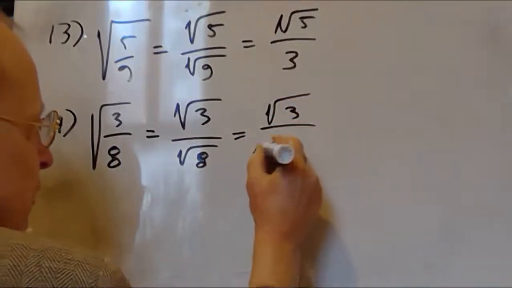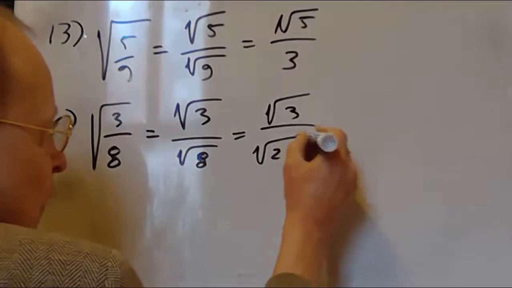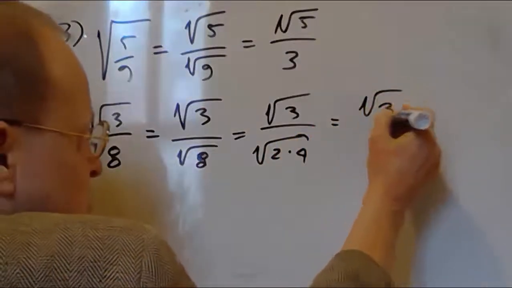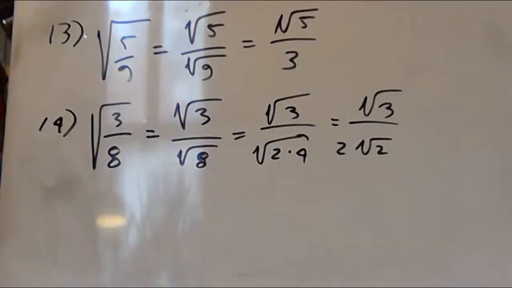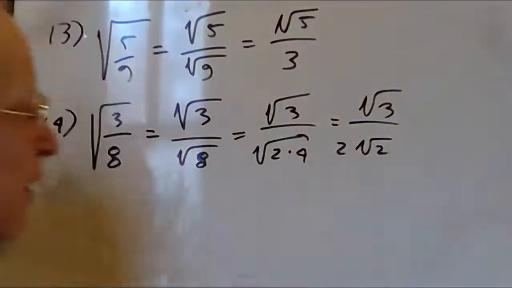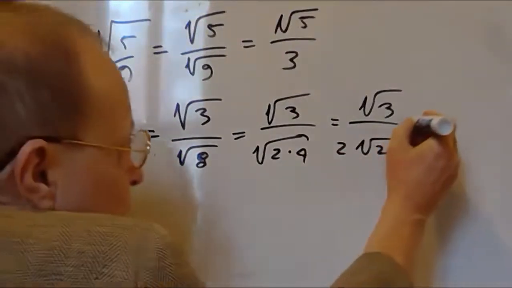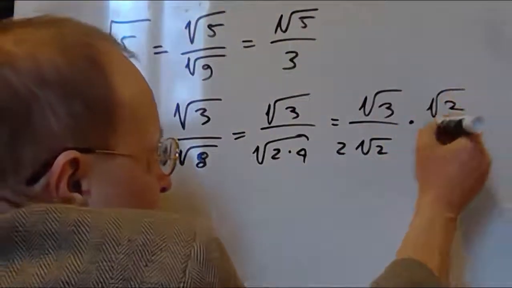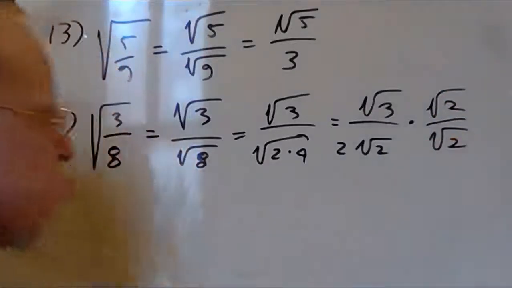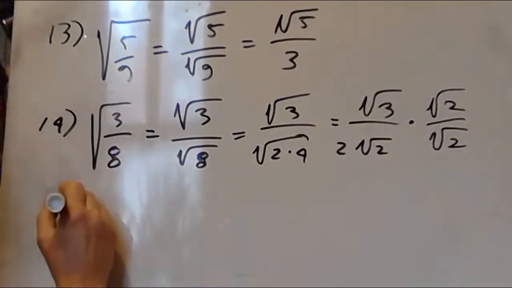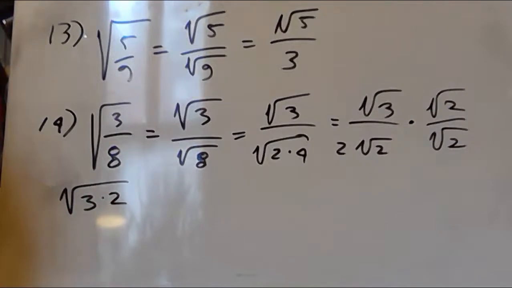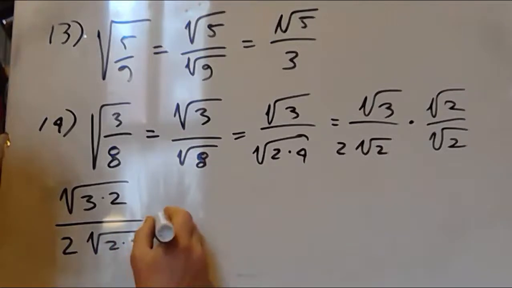Because 8 is 2 times 4, I have square root of 3 over 2 square root of 2. Now to rationalize the denominator, I'm going to multiply by square root of 2 over square root of 2 here. And I end up with 3 times 2 over 2 square root of 2 times 2.